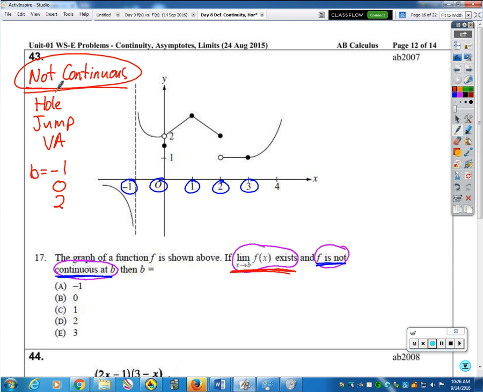Make sense? Another question? So we don't need to look at the other values, which would be 1 or 3. Okay, next thing, we need to identify, does the limit exist? So starting here at -1, if I follow the function and get closer and closer to -1 from the positive side, what y value will I be approaching?